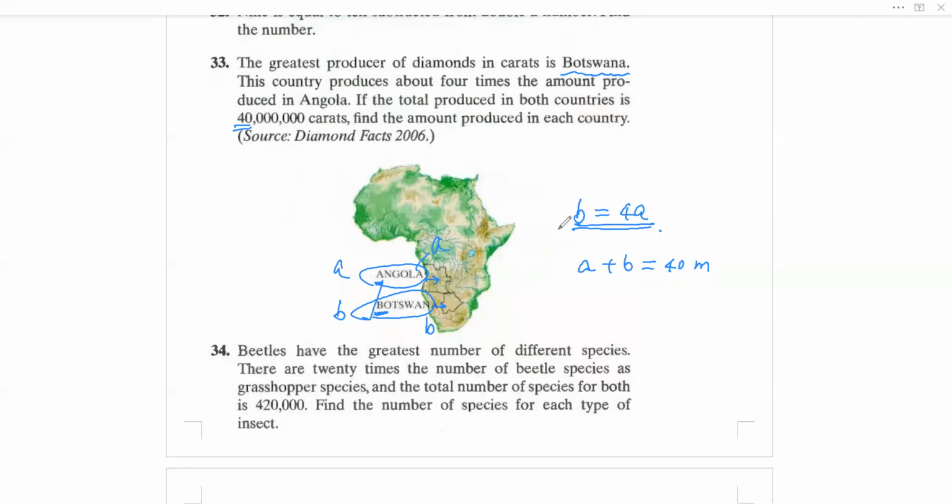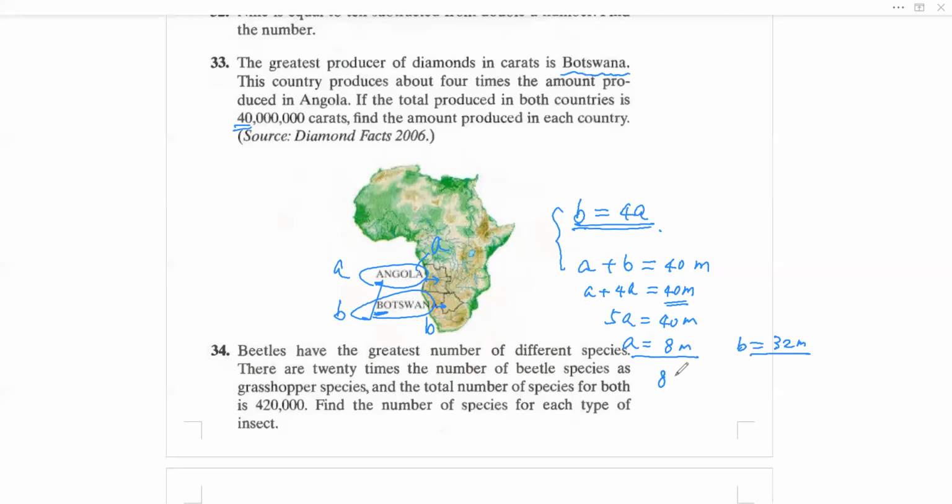That will be easy for you if you build this up, right? B equals 4A. We replace the B with the 4A. So we got 40 million. So it means 5A equals 40 million. So A equals 8 million. Right? B equals 32 million.